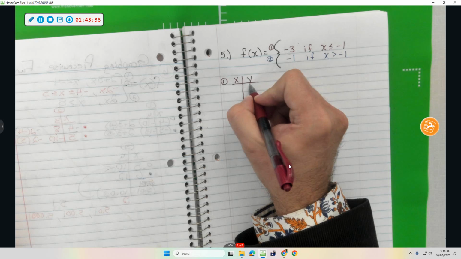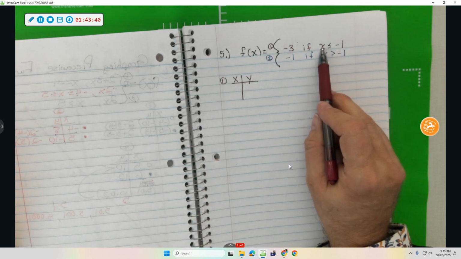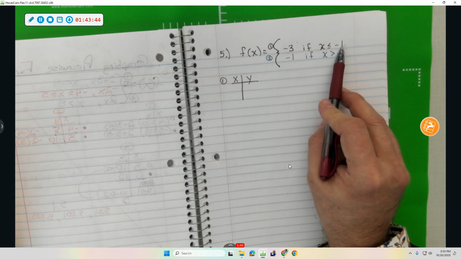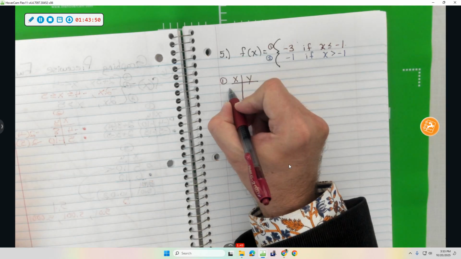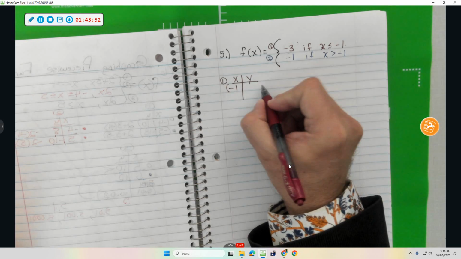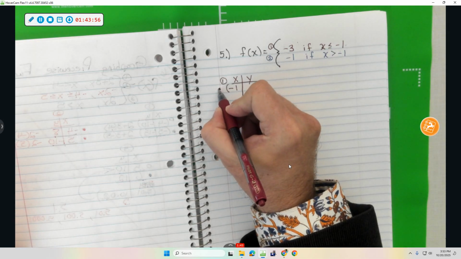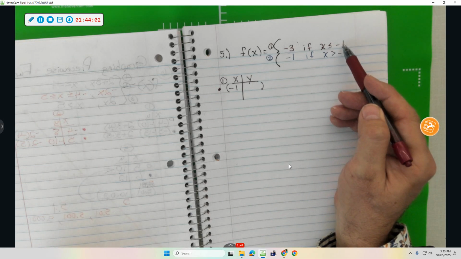I set up my XY table. First number we must plug in is that cut point, and we'll have an open or closed circle. Closed. So I'm going to plug a -1 in for x, and it's going to have a closed circle. And then I'm going to need another number that's less than -1.